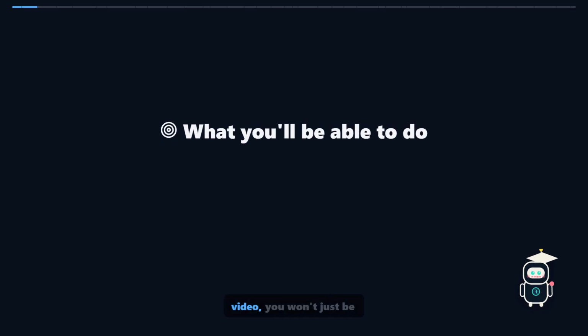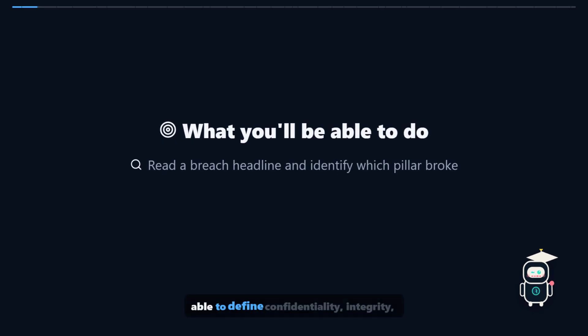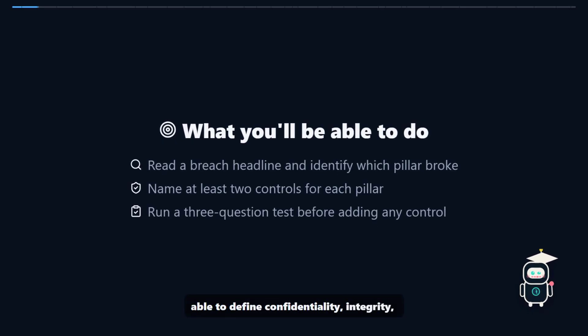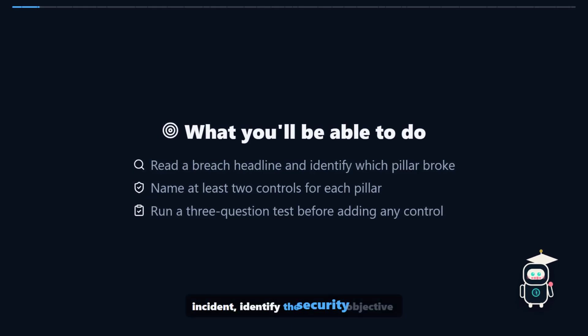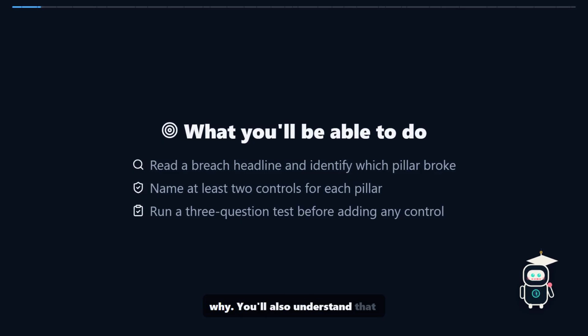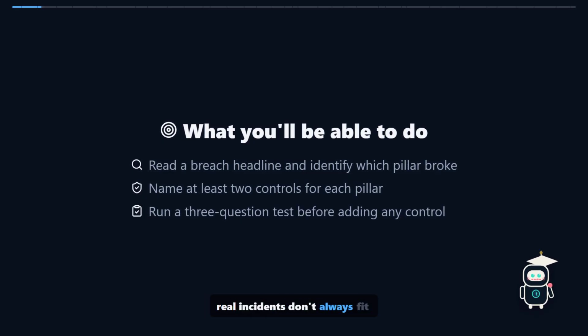By the end of this video, you won't just be able to define confidentiality, integrity, and availability. You'll be able to look at a security incident, identify the security objective most directly affected, and explain why. You'll also understand that real incidents don't always fit neatly into one category.